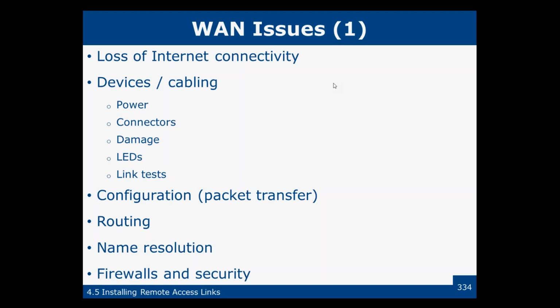Another issue could be configuration, and they always talk about that, and I guess configurations could get changed, but it seems to me that once you get the configuration on these kinds of devices, you're not going to change it very often. And if you do, you'll probably know immediately. That happened one time to a friend of mine who was a network administrator.